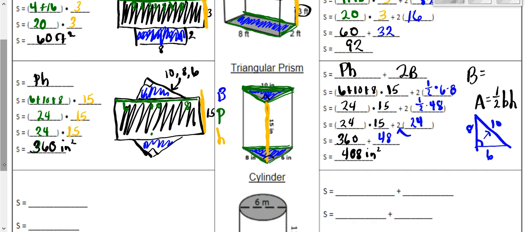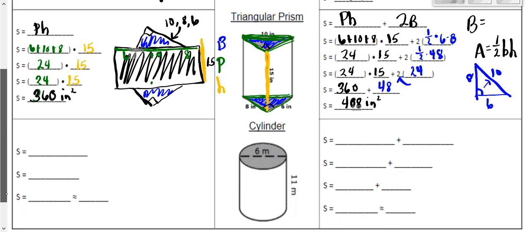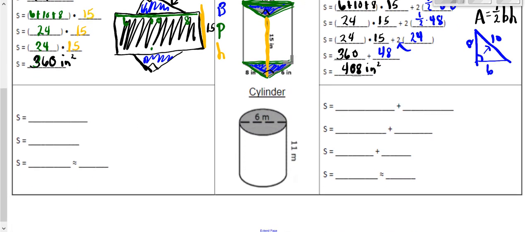Okay, going to our last figure, our cylinder. Cylinders are my favorite because I feel like the formulas are very straightforward. So my formula for our lateral surface area is 2 pi RH.